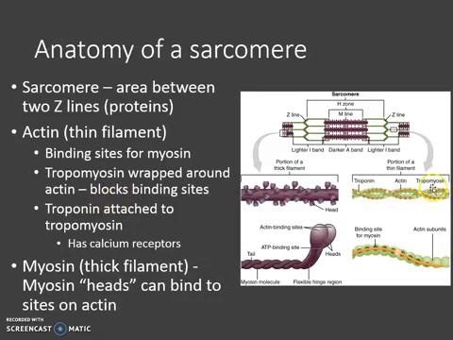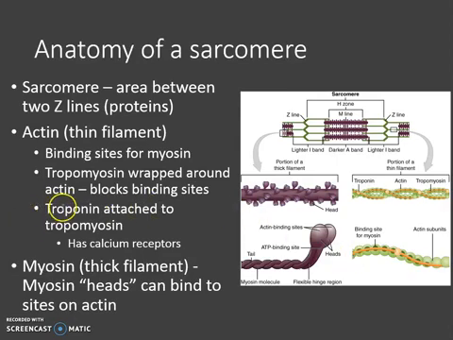All right, so just to reiterate, the sarcomere is the area between two Z-discs. Actin, we also call the thin filament because it looks thinner under the microscope, and it's got the binding sites for myosin. Tropomyosin blocks those binding sites unless it gets the signal to unblock them.